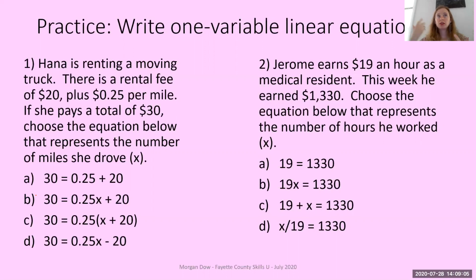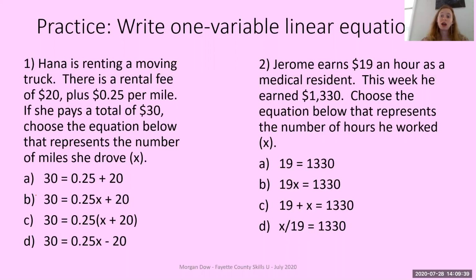So if she has some number of miles that she's driving, how would you calculate the amount she has to pay for those miles? Let's say she drove 2 miles. Well, it's going to be 25 cents for the first mile and then 25 cents for the second mile. It's going to be 2 times 25 cents, right? So the way that we're calculating that mileage fee is we're taking the rate per mile, the 25 cents per mile, and multiplying it by the number of miles that she drove.